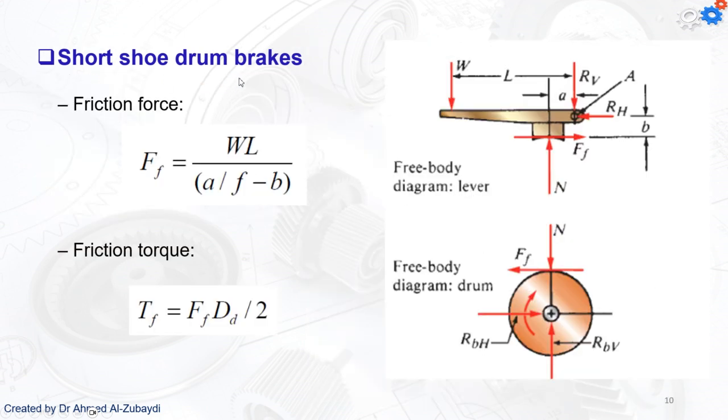So for the short shoe drum design, we start with the friction force calculation. It's going to be equal to the working force multiplied by the length and divided by the A and divided by the F minus B. So from that we will find the force. The friction torque in that case is calculated by multiplying the friction force by the diameter divided by 2, or the radius.